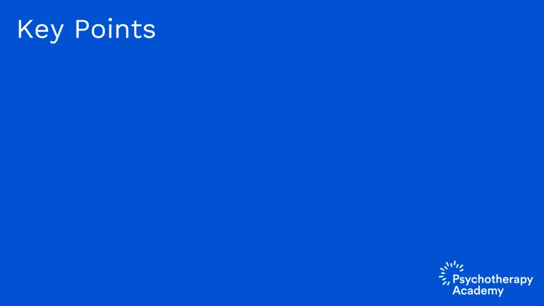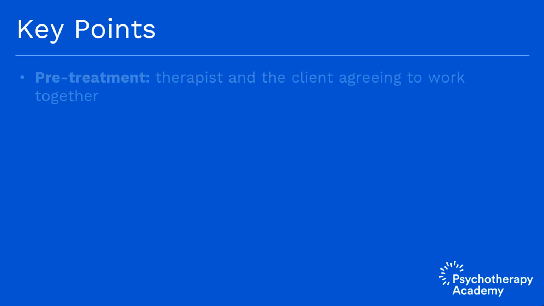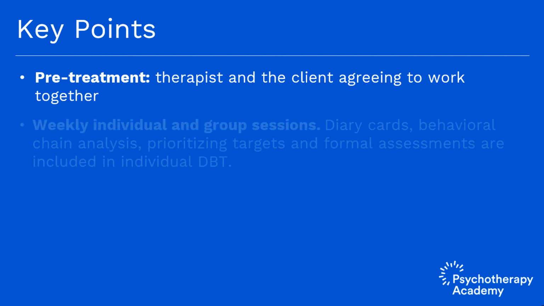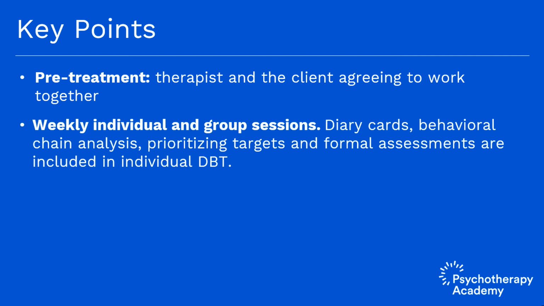The key points for this talk are: all patients begin in pre-treatment. Pre-treatment involves the therapist and the client agreeing to work with one another. There are no involuntary patients. There are weekly individual therapy and weekly group.